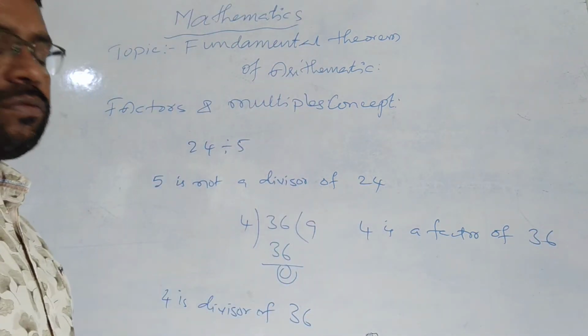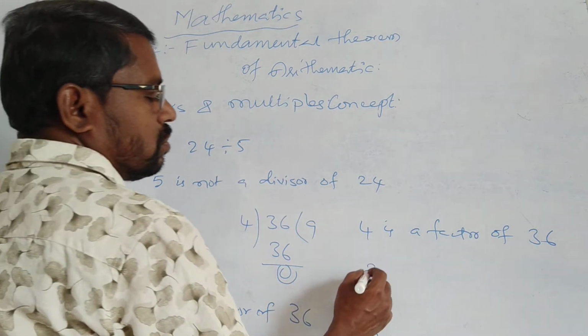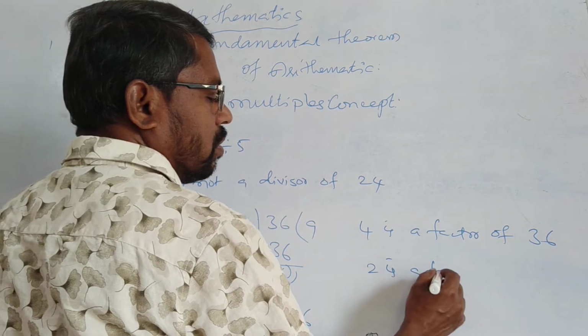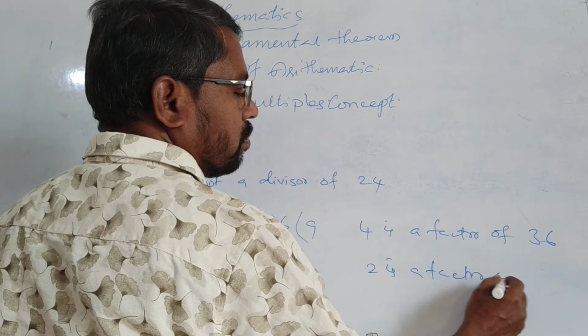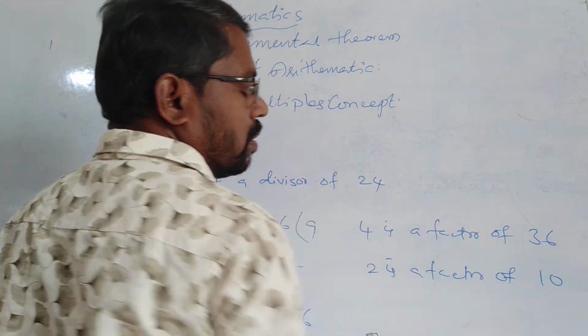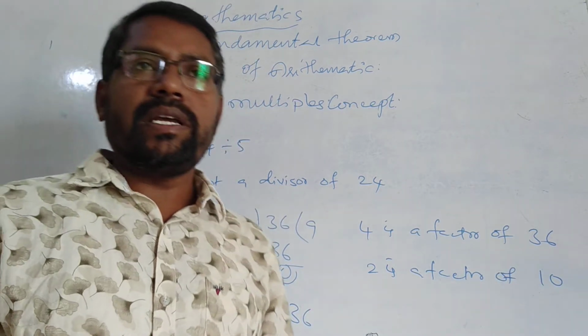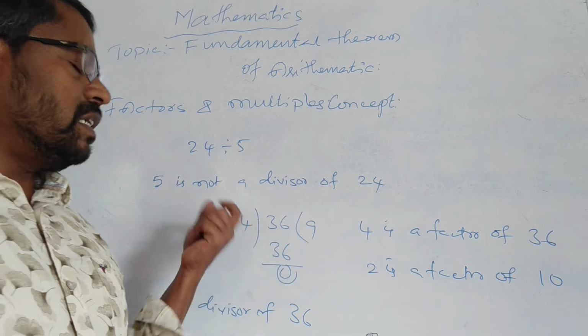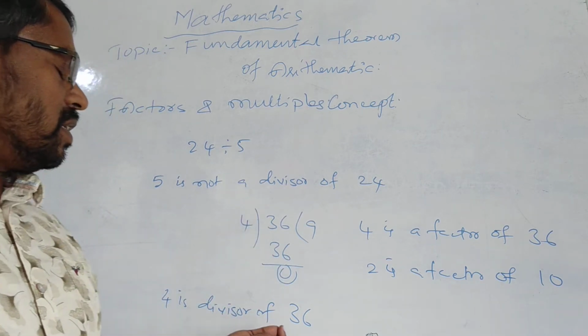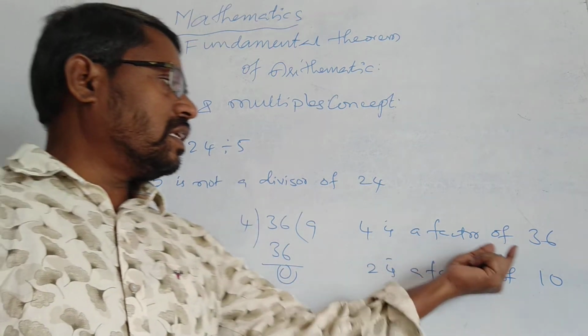Like that, 2 is a factor of 10. The number which is perfectly divisible by the divisor is called a divisor, or you can say a factor.